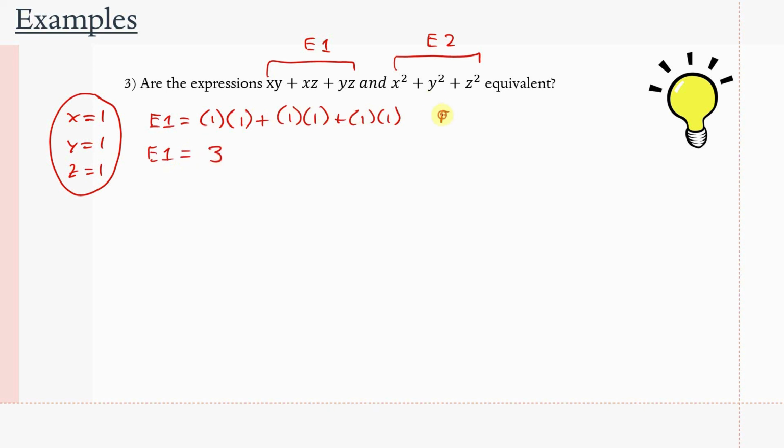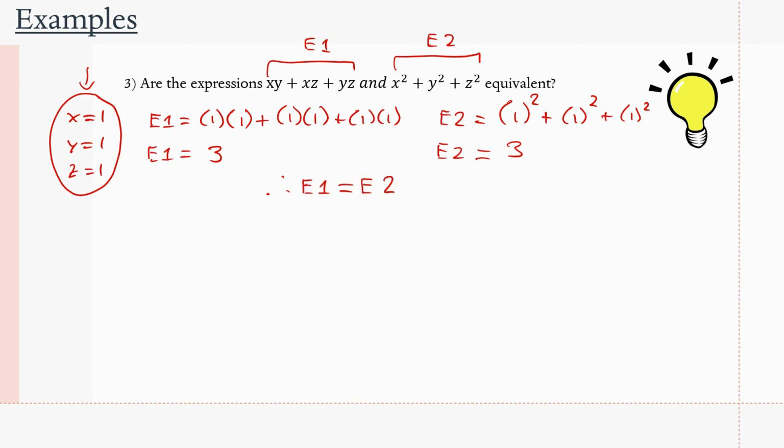And for E2, expression 2, we will get 1 for the x squared, and 1 squared for the y, and 1 squared for the z. This will give us 1 plus 1 plus 1, which will give us 3. Therefore, when we use these declarations, E1 equals E2.